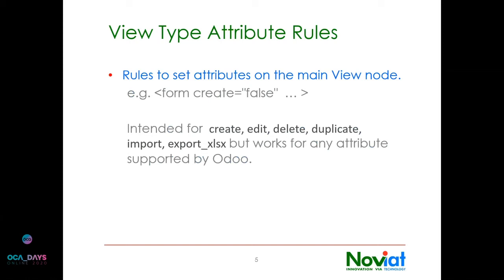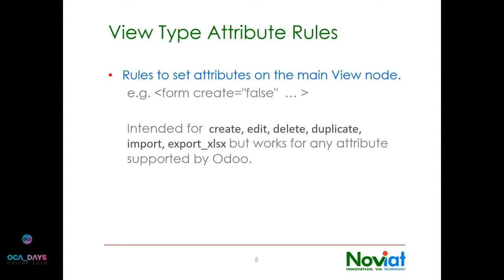Then we have the view attribute rules, and that's really a very simple one. On the main views, you have options like form create equals false, or edit or delete or duplicate, and all these things. That's really why we wanted to use it for this project, but we implemented it more generically. So you could also use the decorator info or any attribute supported from a certain view type.